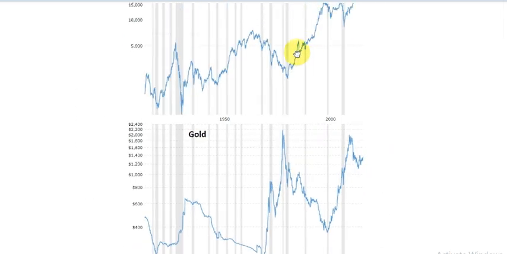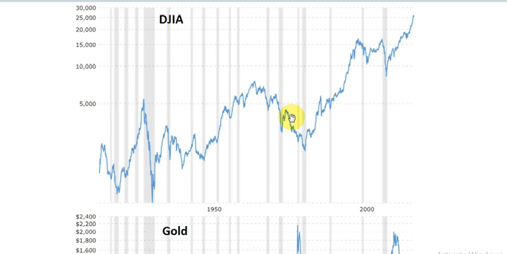Right, that's very interesting. And more recently, in early 2000s, we don't really see a straight decline in the stock market. What we see here is after the dot-com bubble, Dow Jones lost nearly 40% of its value, regained the losses, and again lost about nearly 50% of its value.